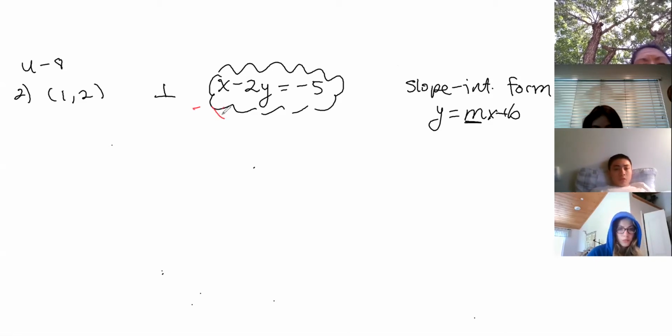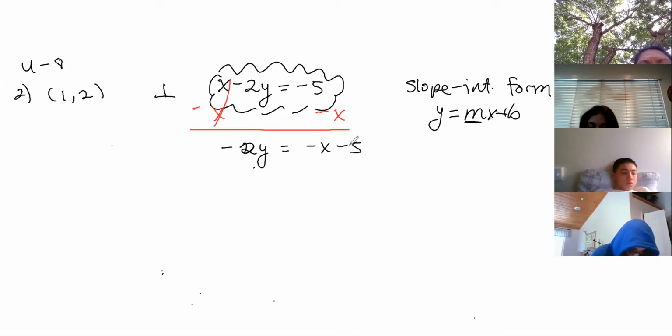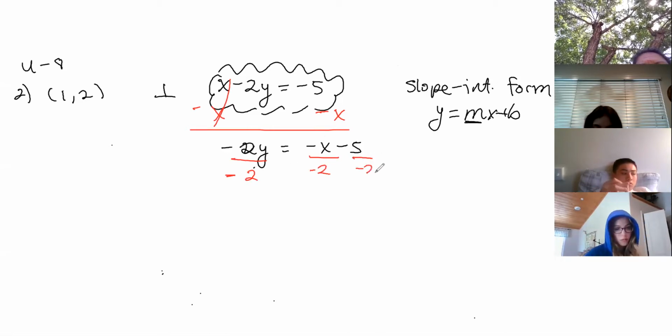Good. So I'm going to subtract the x. And that gives me -2y equals -x minus 5. What do I divide by next? -2. And that gives me y equals 1/2 x plus 5/2.